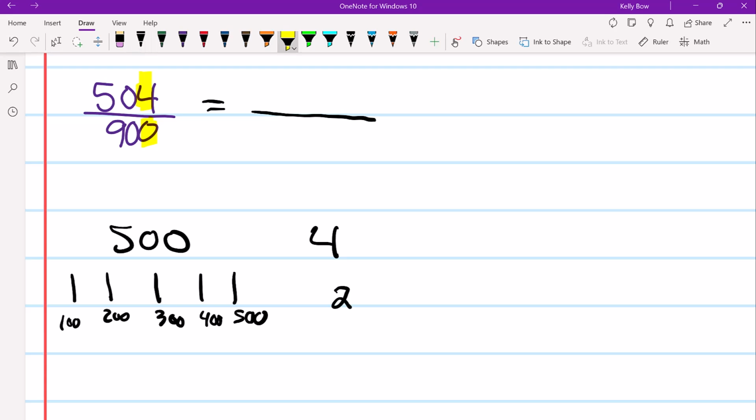So then you count backwards, and halfway in the middle, that would be 50. So we know that half of 500 is 250. Half of 4 is 2. So we could write 252. That would be one way to do it.